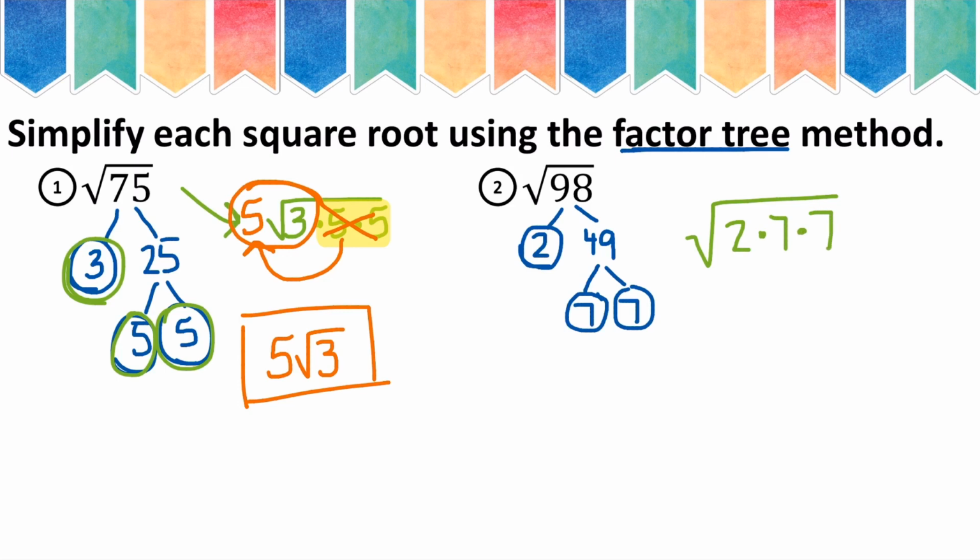And I look for two numbers that are the same. Those two numbers get crossed out and moved to the front as one number. So my final answer will now be 7 square roots of 2.